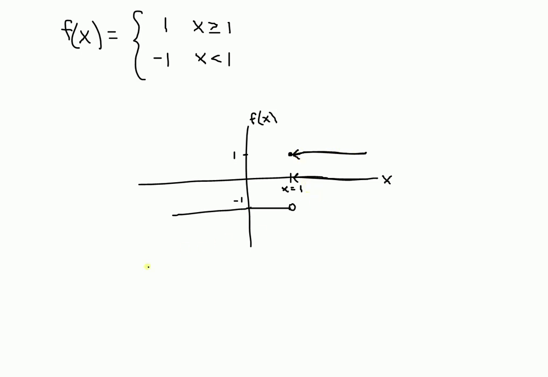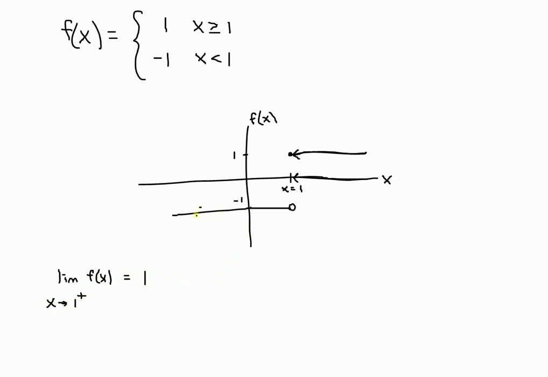The way to write that is the limit of f of x as x approaches 1 from the right. The way to write from the right is to put a plus sign there. So the limit as x approaches 1 from the right of f of x is equal to 1.